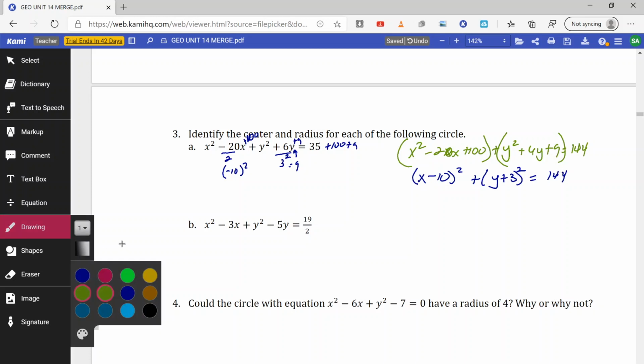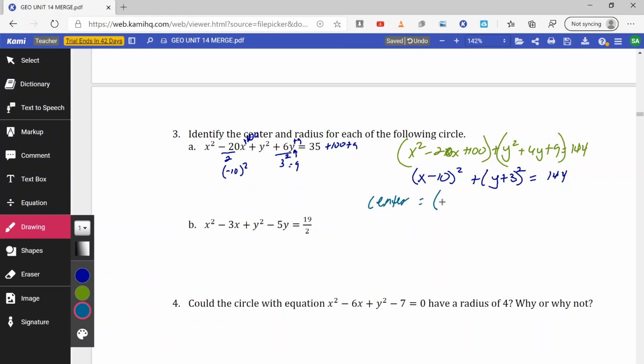So the center is just the opposite values. The x value, negative 10, becomes positive 10. Positive 3 means y value is negative 3. And then the radius, square root of 144 is 12. So that is the center and radius for that particular equation.